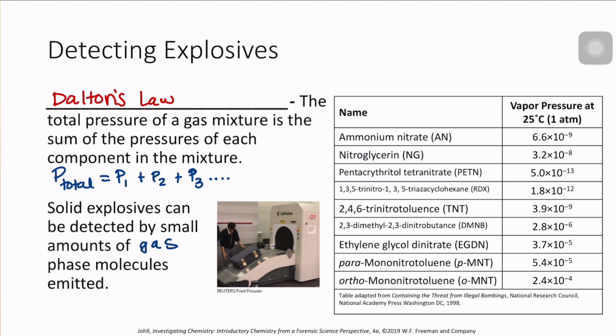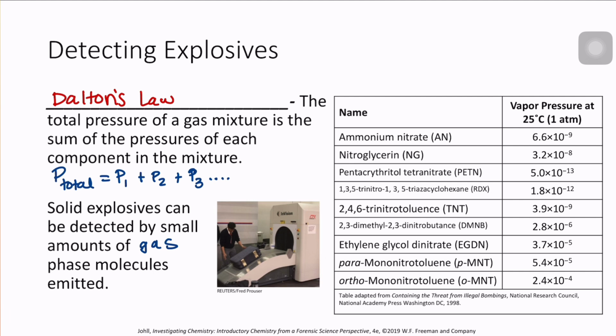You can also add substances in small amounts to explosives, and they can identify the explosives and track their origin. And you can do this by their partial pressures.